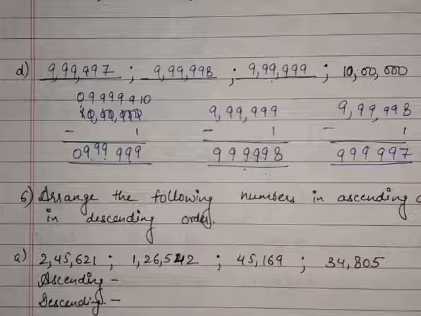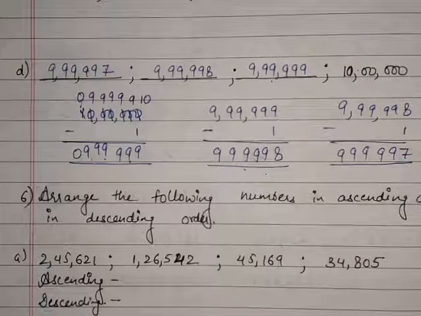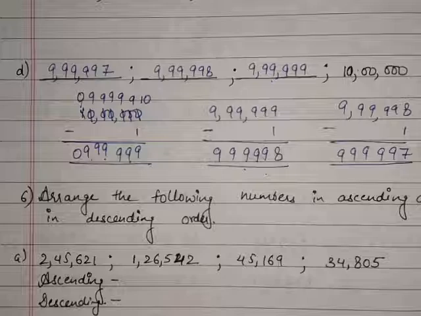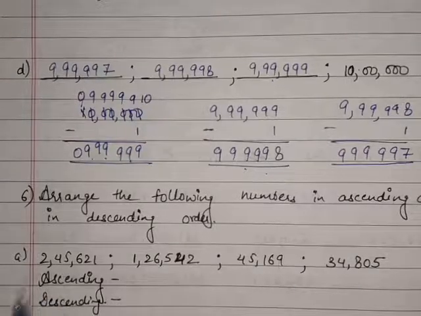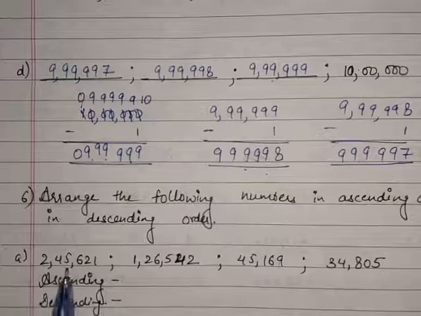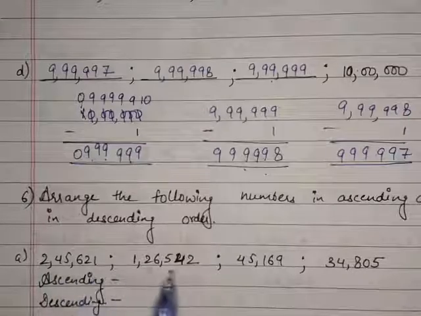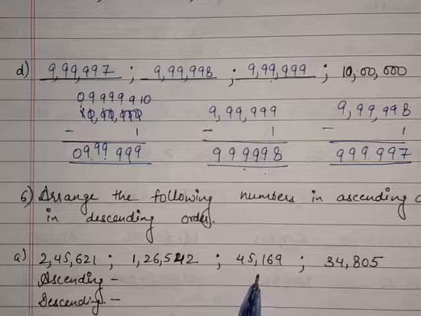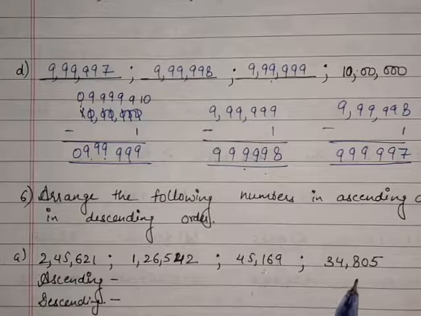We know these both are the opposite of each other. Okay. Now, what is our first one given? First we can count the digits, or we can see the digits from the left side. What is this one? 2,45,621. Then 1,26,542, then 45,169, then 34,805.